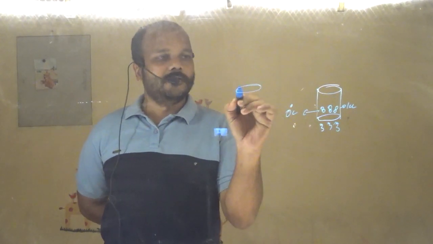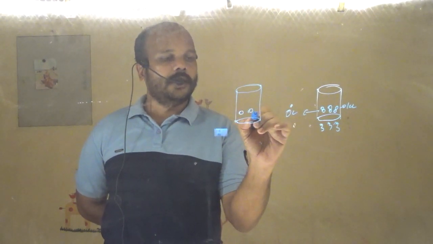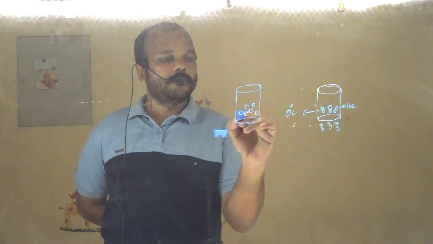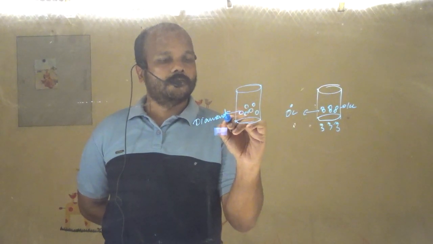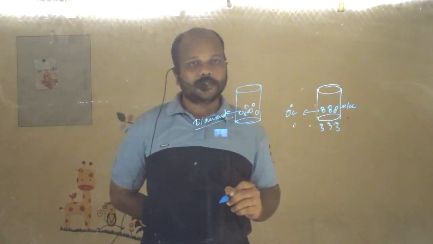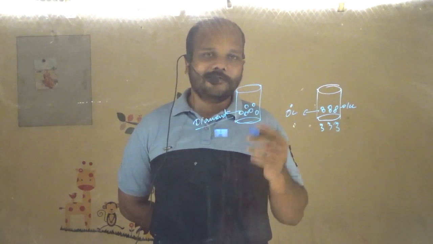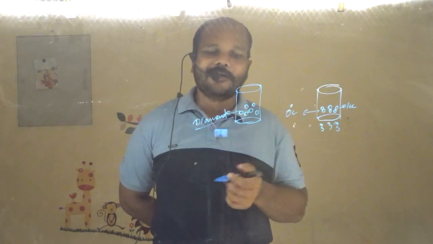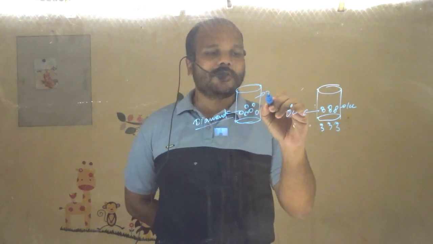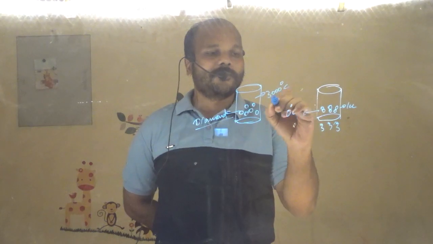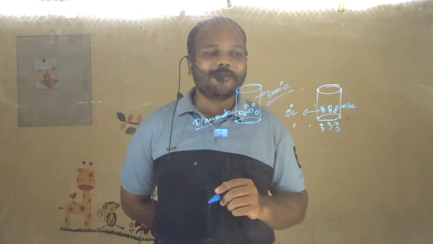For example, if you consider some diamond, it doesn't melt at 0 degrees Celsius. Even if you increase the temperature to 100 degrees, 1000 degrees, it won't melt. You need to reach more than 3000 degrees Celsius for the diamond to melt. Only then will diamond melt.